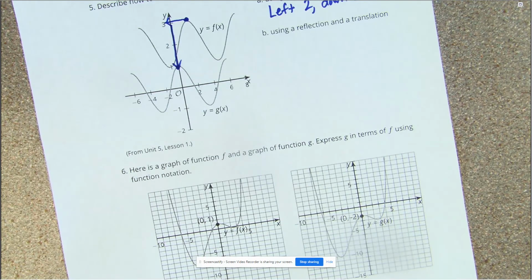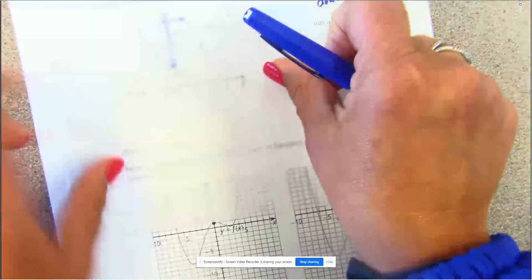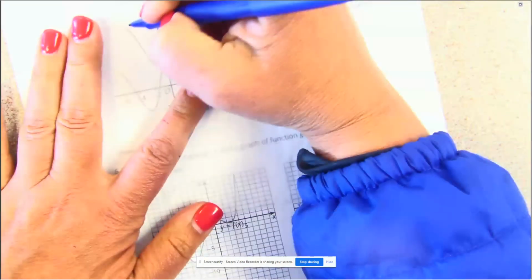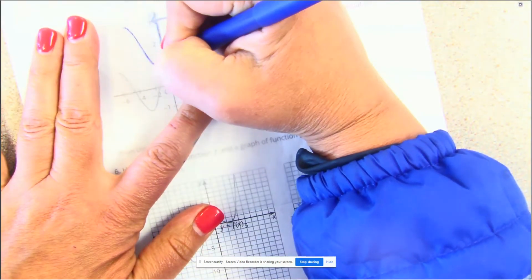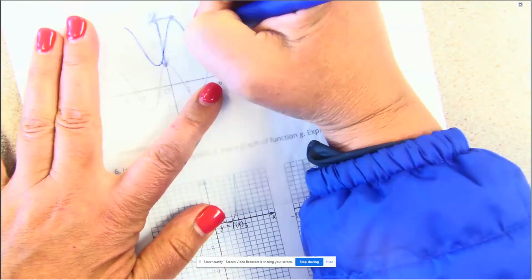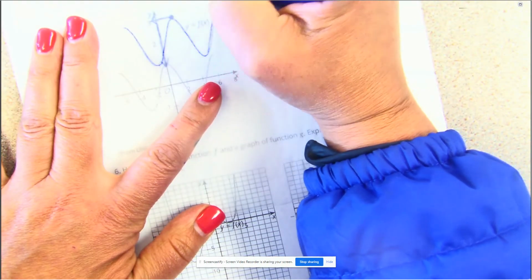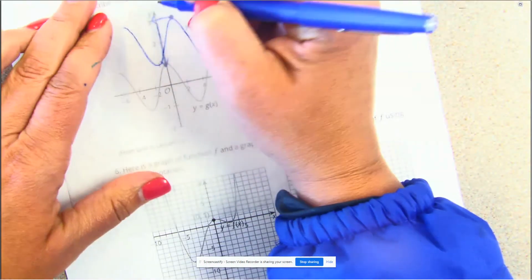I'm going to get some patty paper here. Thought I had it already drawn. I guess I'm starting over. So they want me to get this with a reflection.